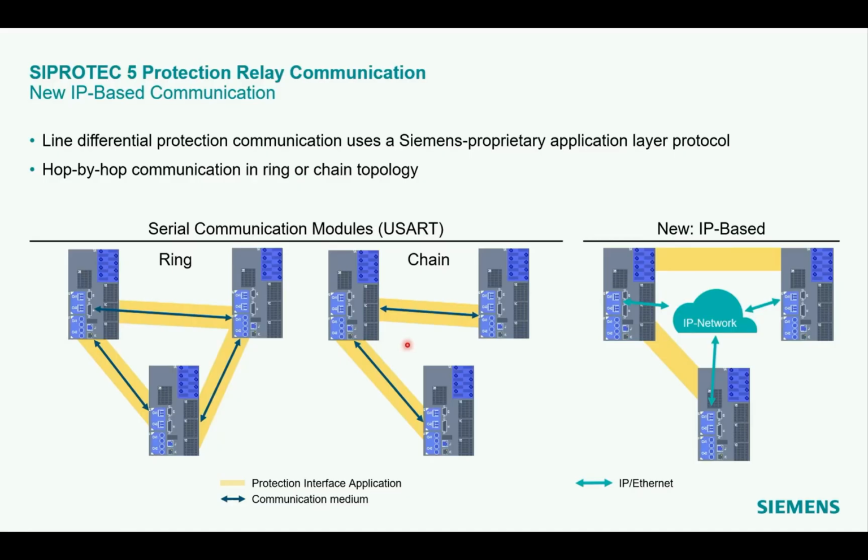For the serial communication, modules of the devices are connected using a direct fiber, pilot wire, or via communication converters to wide area networks. For the new IP-based line differential communication, the devices are all connected to the same IP network.